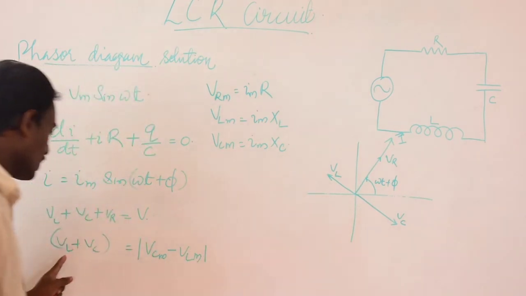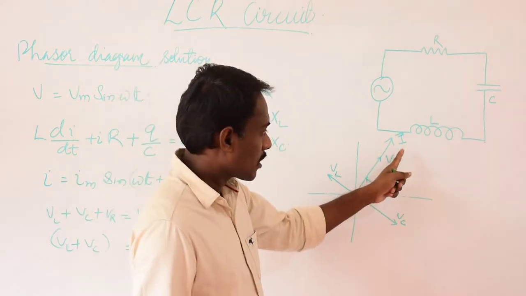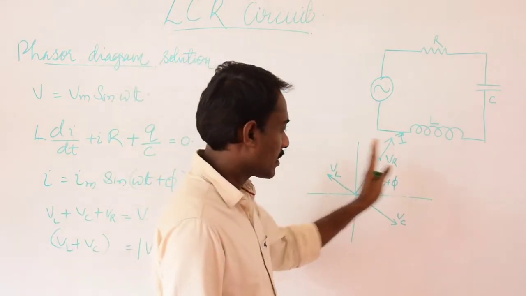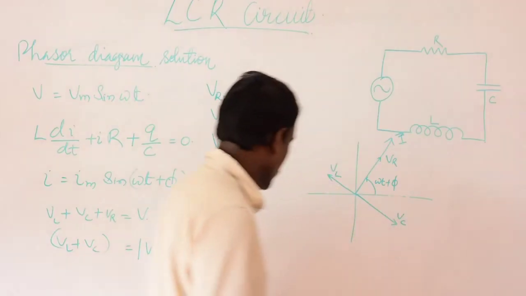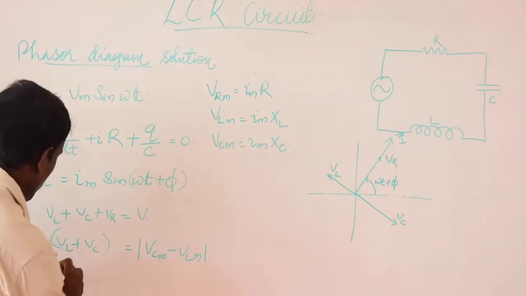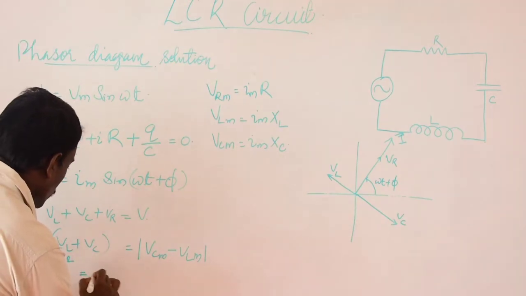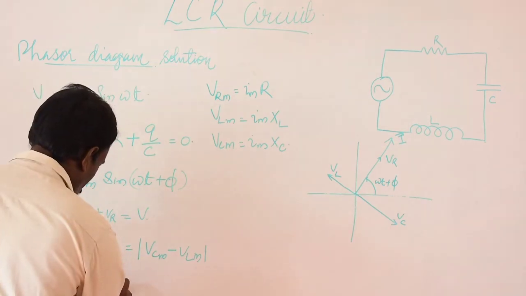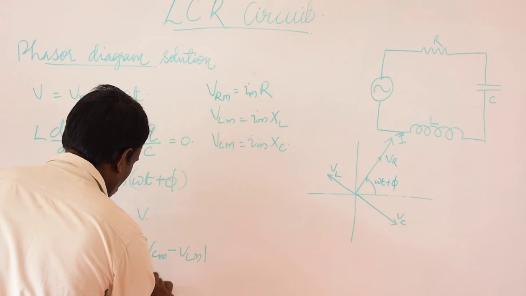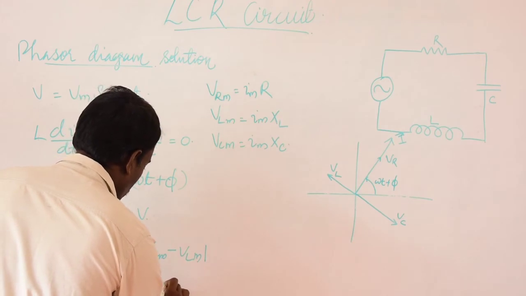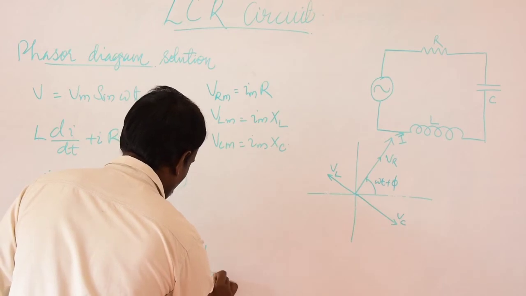Since the voltage represents the hypotenuse of the right angle triangle with sides VR and VL plus VC, by the Pythagoras theorem we can write VM square is equal to VRM square plus (VCM minus VLM) whole square.